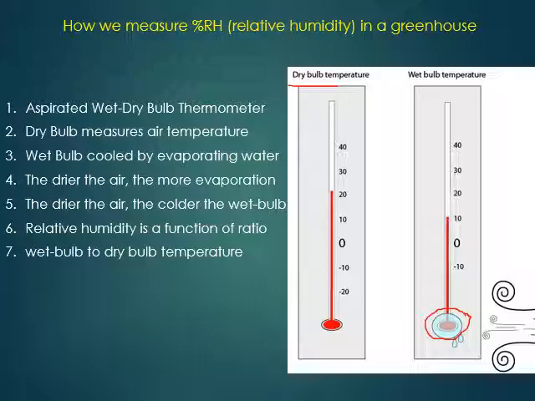If we had a really humid environment, this thermometer would be almost identical. And if it is 100%, it will be absolutely identical to the dry thermometer because there's no evaporation happening off the wick, so there's no cooling. So it's this differential that allows the computer to calculate relative humidity. And we call that a wet bulb thermometer.